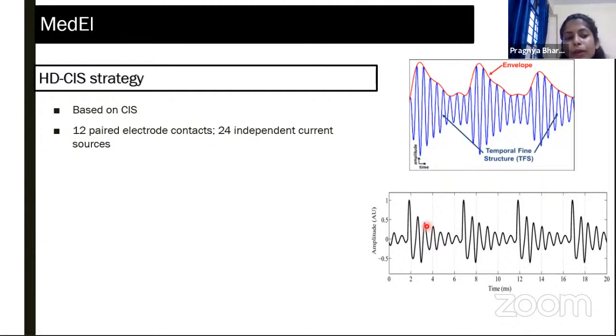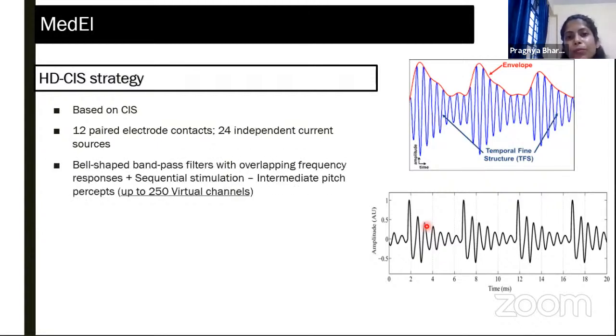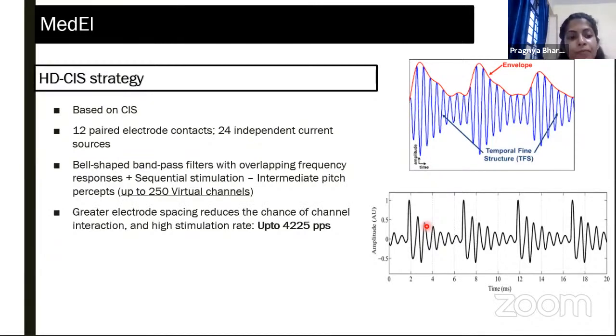They use a bell-shaped band-pass filter for each of the filter banks that allows slightly overlapping frequency responses, which in turn allows them to have intermediate pitch perception. So these independent current sources and the intermediate pitch perception allow them to have about 250 virtual channels. This is what MED-EL strategies claim.